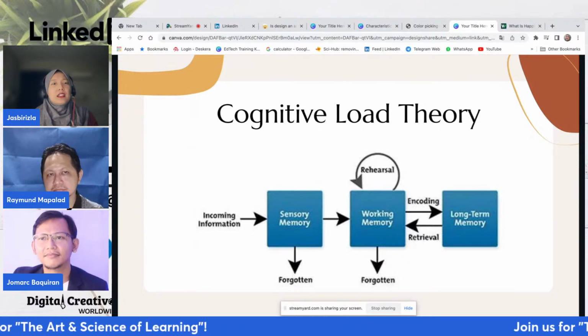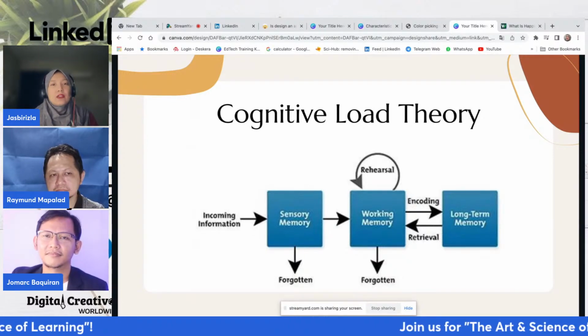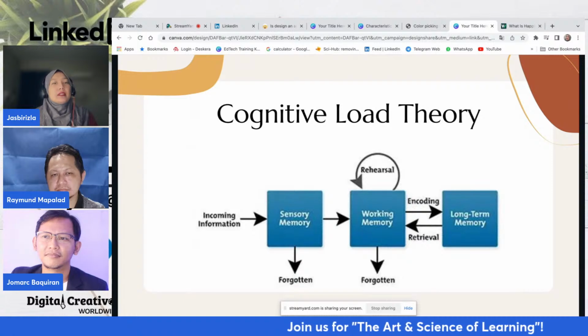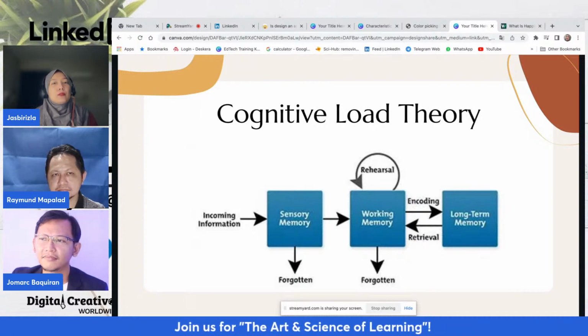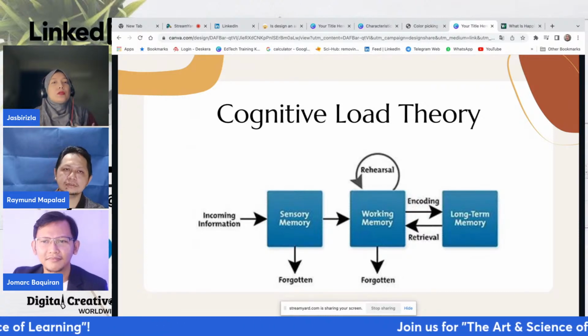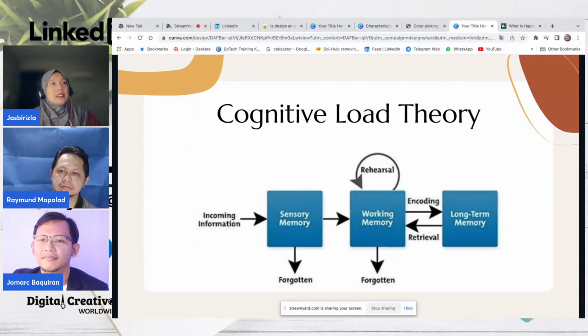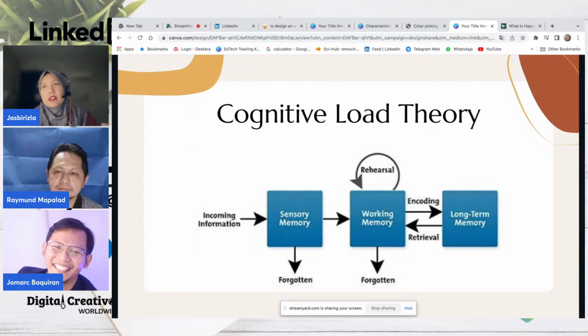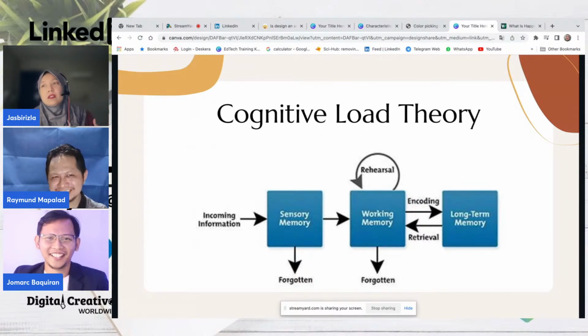Essentially, cognitive load theory is about making sure your brain is not loaded with too much information. Before we design a slide, how many of you have seen people putting so many words in one slide and just reading it and reading it and reading it? In your college life, at university, at work, how many of you have seen that?